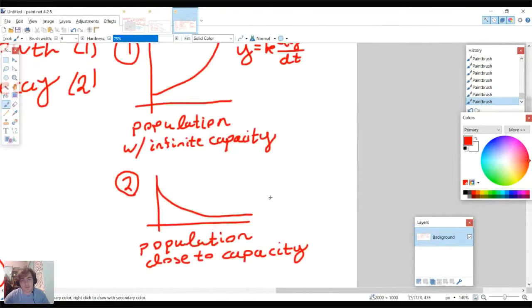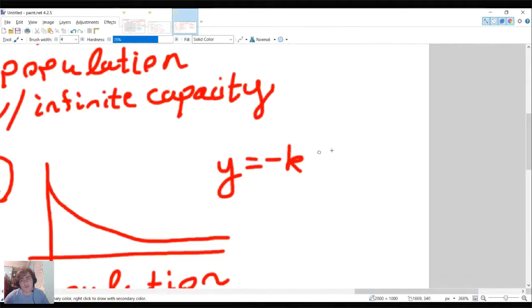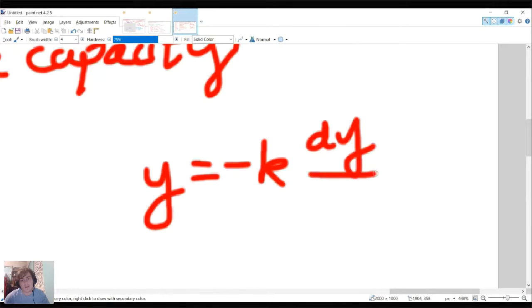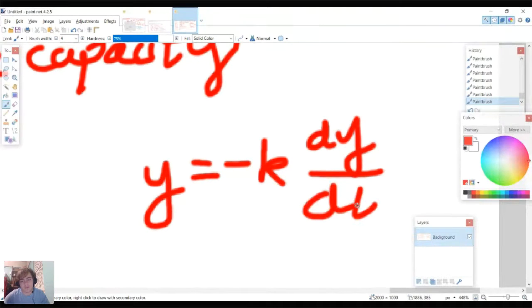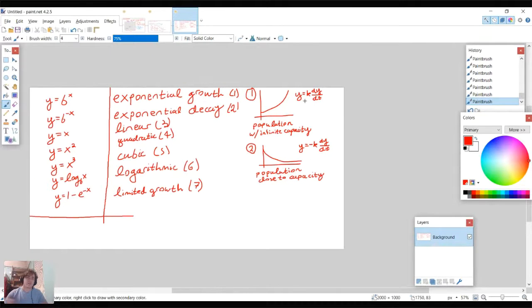A population close to capacity, exponential decay, would just be the negative of this. Don't worry about the dy/dt notation. It's just good to assign a formula to something.